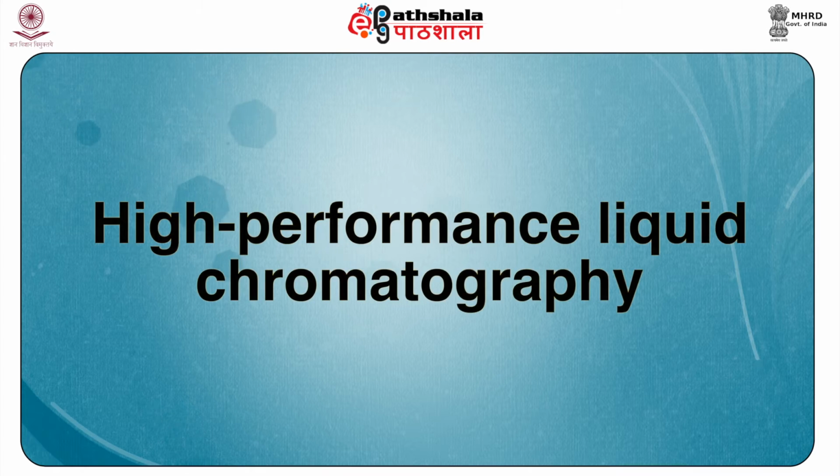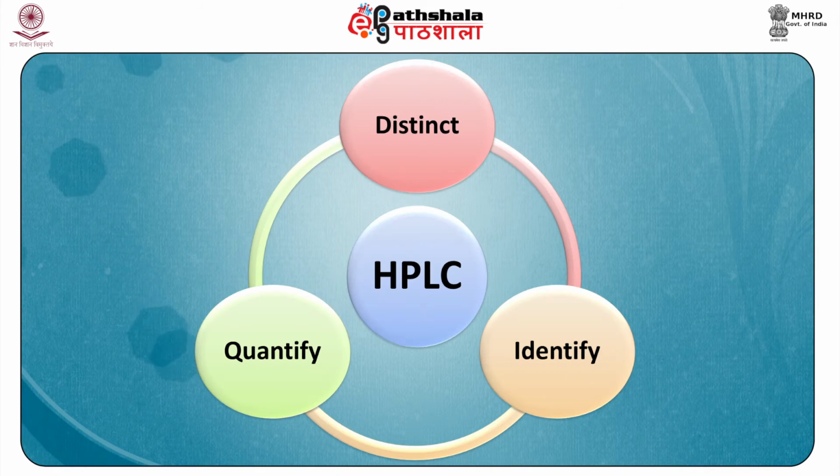High performance liquid chromatography is a technique used to separate, identify and quantify each component in a mixture. It depends on pumps to pass a pressurized liquid solvent containing the sample mixture through a column filled with a solid adsorbent material.